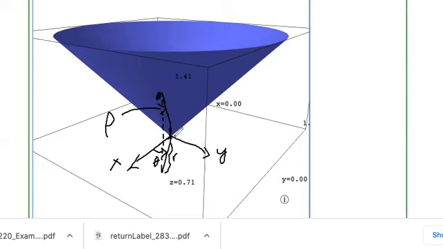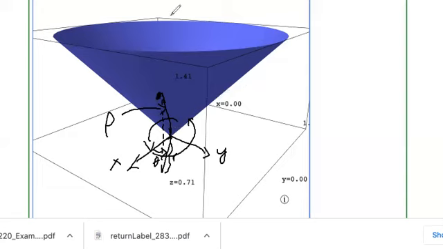So we have rho. We want rho going from 0 all the way up to 2. Theta is spinning all the way around here, 2 pi. That's why we get the whole rounded shape. But why is it just the cone surface right here?